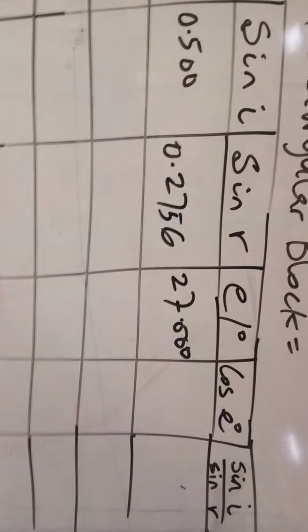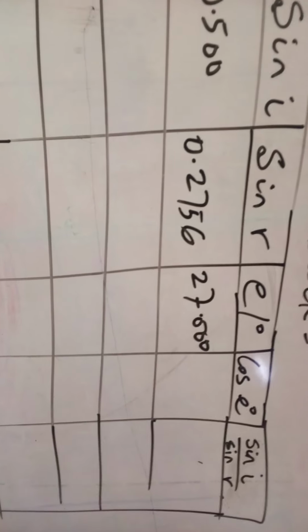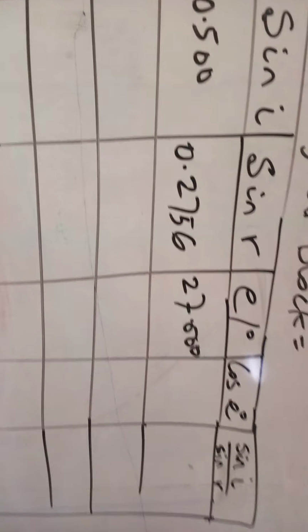0.2756. Then cos E will now be cos 27, depending on what the examiner wants you to evaluate. You just follow accordingly. 0.8910.